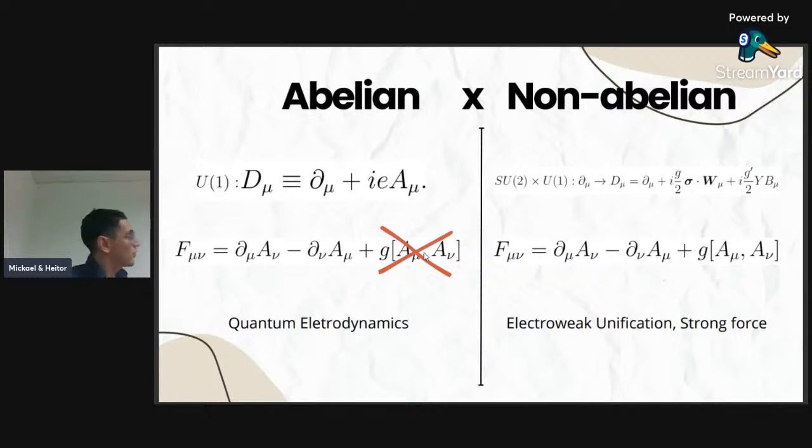The charge conjugation operator. Can we have this one? This one, no, you can't. Why? But this one you can. It depends on the symmetry that you are assuming.